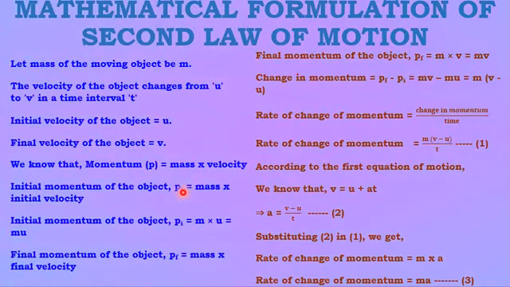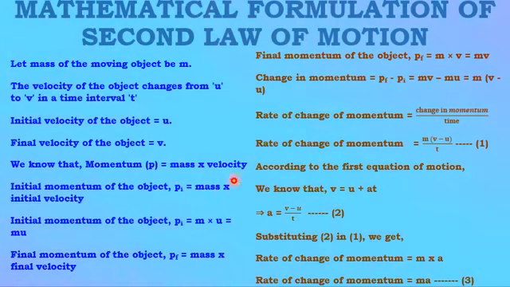Initial momentum is mass into initial velocity, mu, and the final momentum is mass into final velocity, mv.